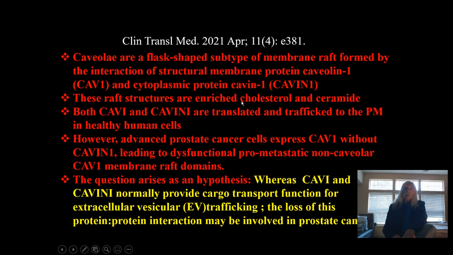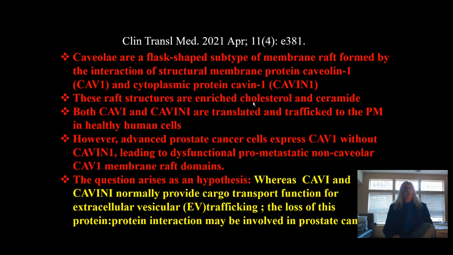Now that apparently leads to dysfunctional pro-metastatic non-caveolar CAV1 membrane raft domains. Okay? So that's what happens because cavin's gone. Right? Now, that could allow you to generate a null hypothesis for experiments, which is what these people did in this paper.